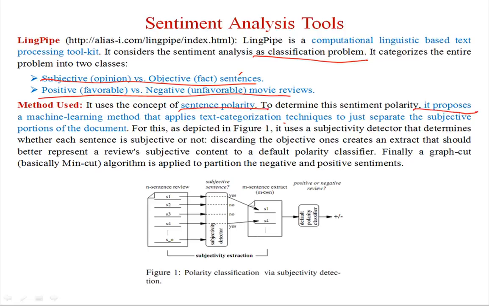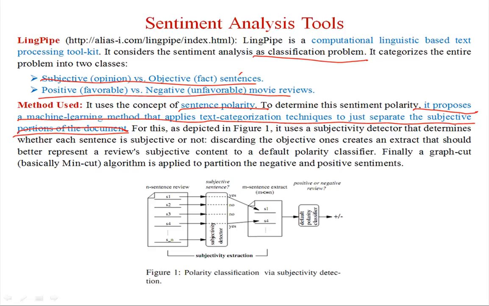It proposes a machine learning method that applies a text categorization technique to separate the subjective portion of the document. For this it is very simple. N sentences represent the review. Now it identifies the subjective sentences. The subjectivity detector identifies whether a sentence is subjective or not.